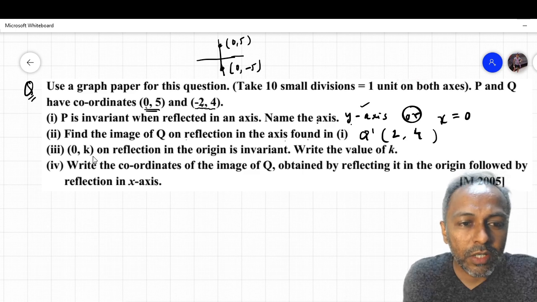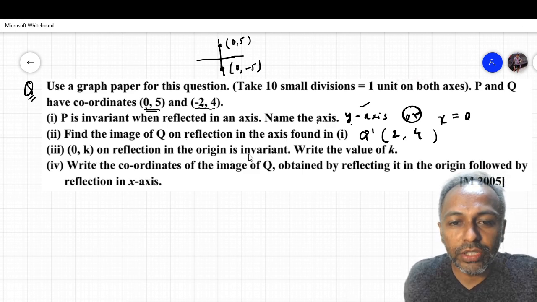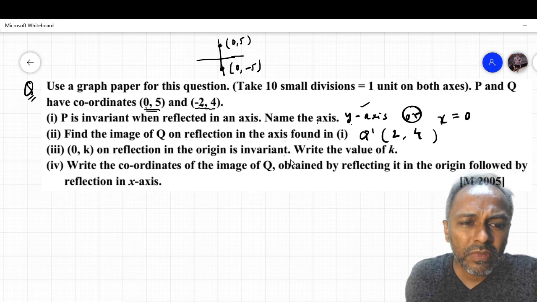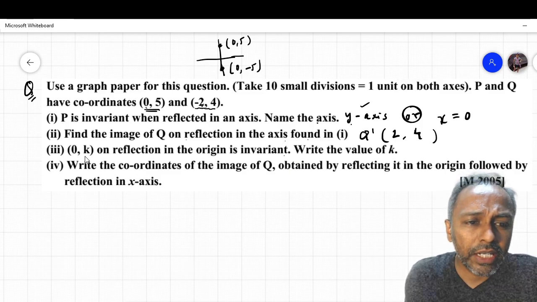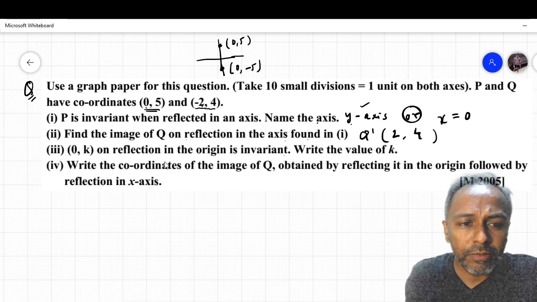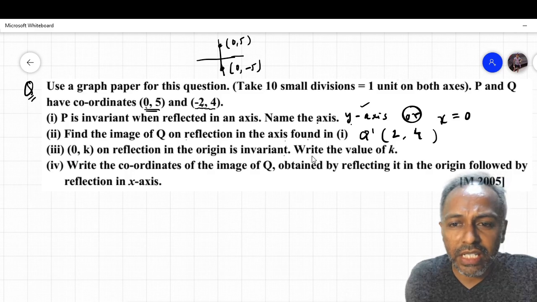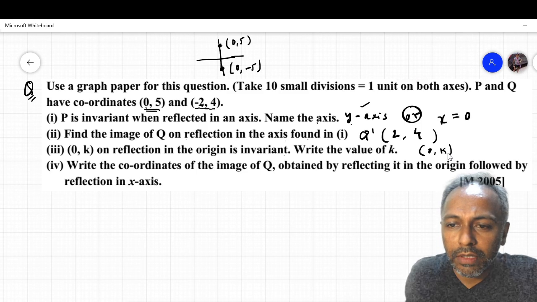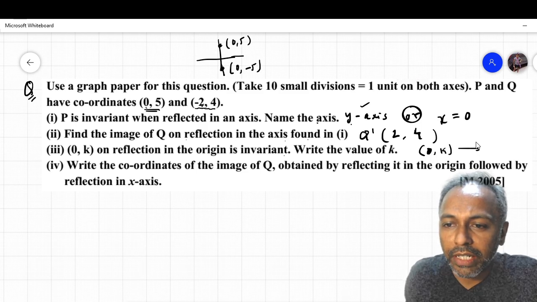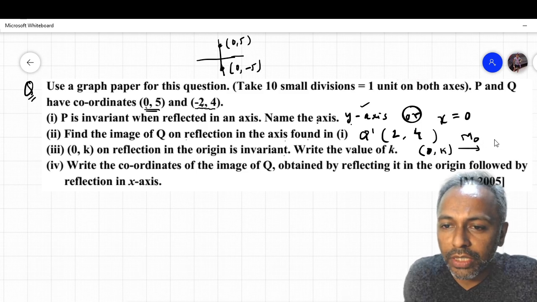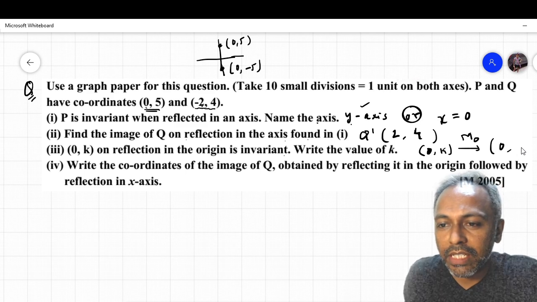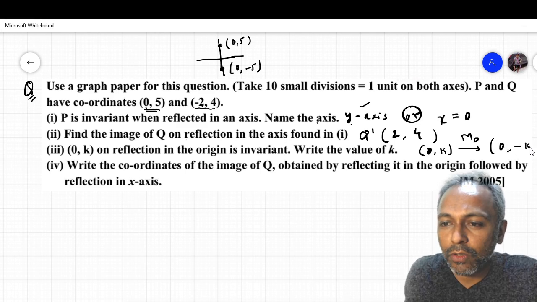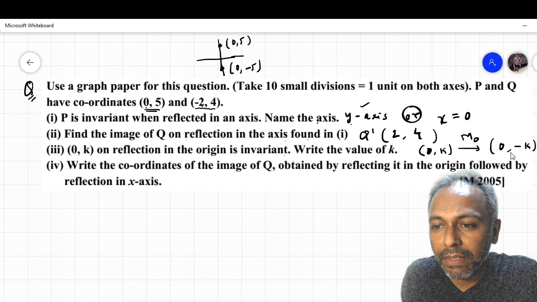Third question, (0, k) on reflection in the origin is invariant. Now whenever you are reflecting a point about the origin, both the values will change in sign. So we will get (0, k), say this is (0, k), when it is reflected about the origin, 0 will remain 0 only, you won't write minus 0, but k will become -k.